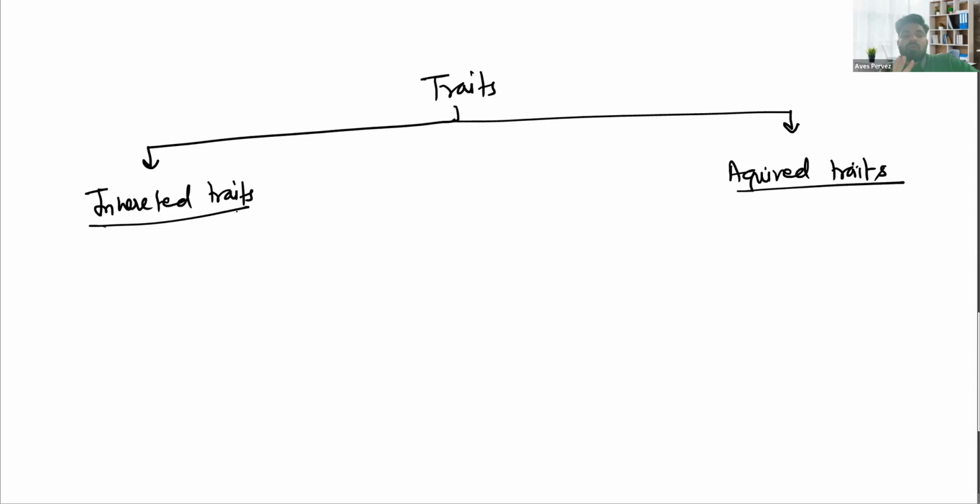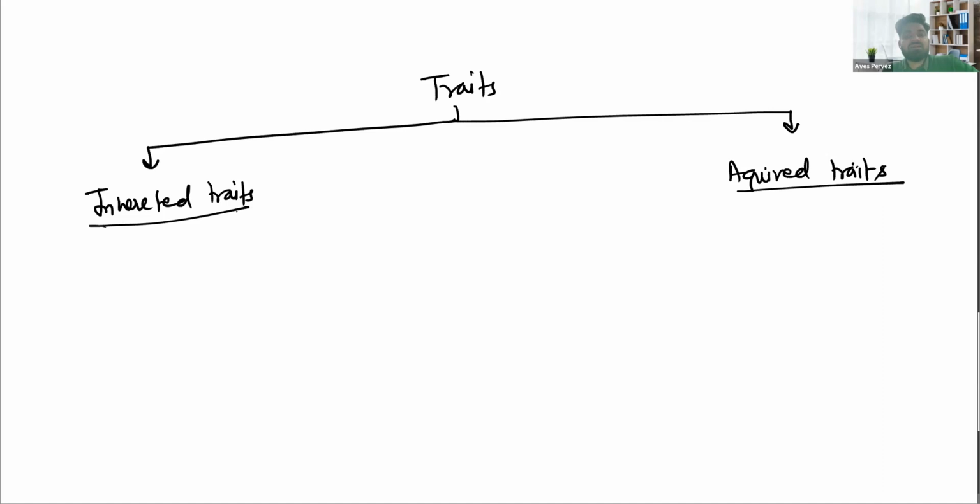Acquired traits are those traits that are acquired by an individual after childbirth, after they are born. Those changes that a person acquires, we call them acquired traits.